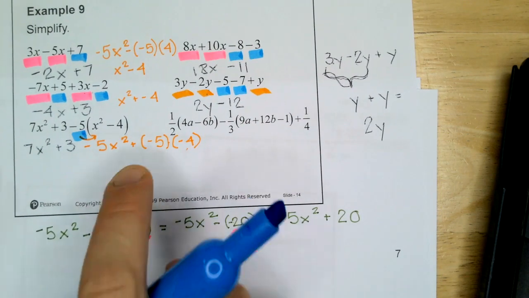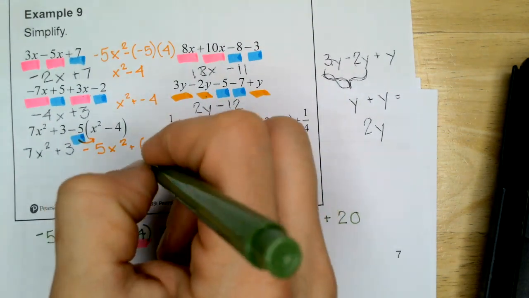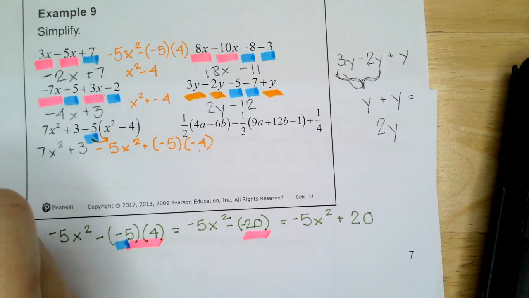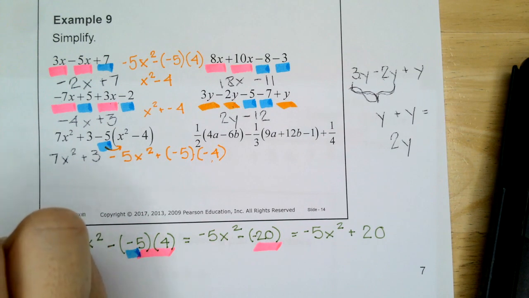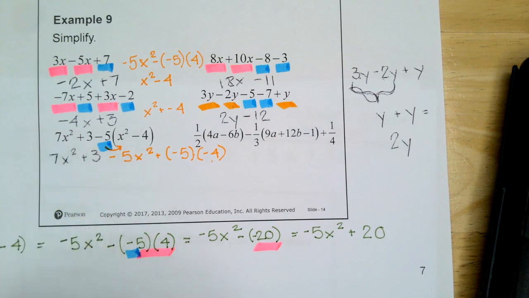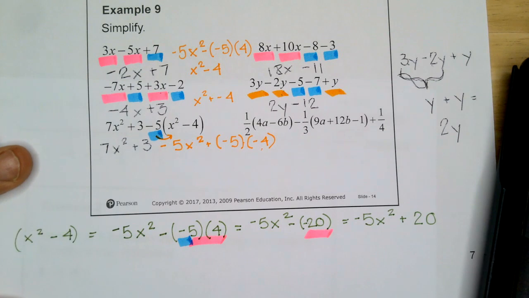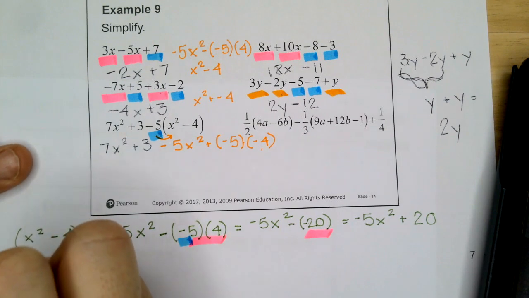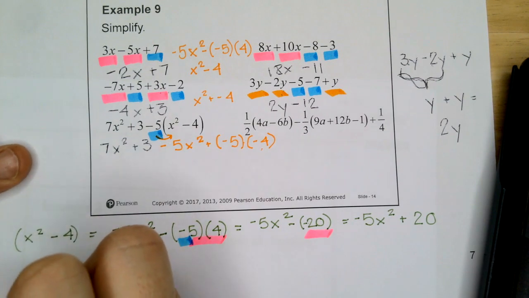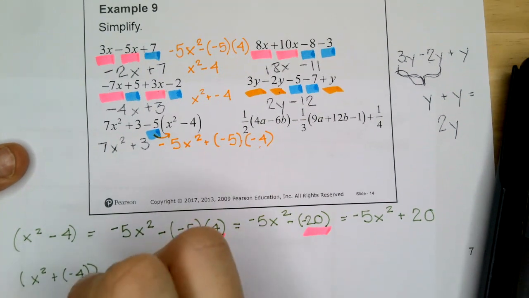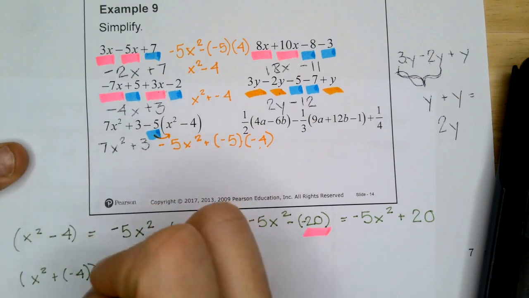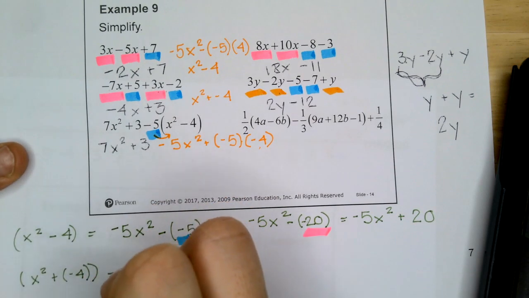What I did is, just for organizational purposes, that looked like x squared minus 4, right? And I said if I'm including a negative, I'm going to call that x squared plus negative 4. It does not matter, okay? I'm going to get the same answer. I'm going to insert a negative 5, so I'm still going to have a negative 5x squared.